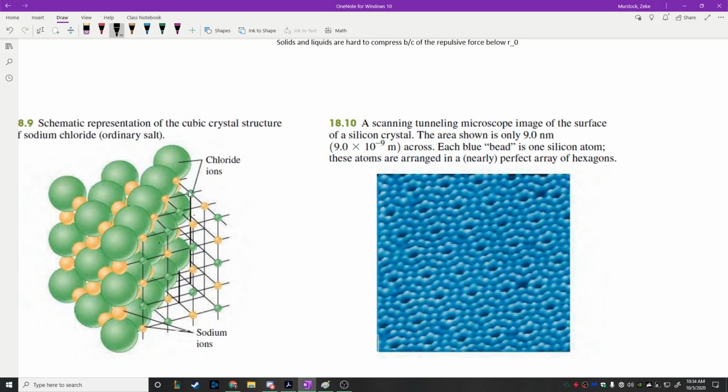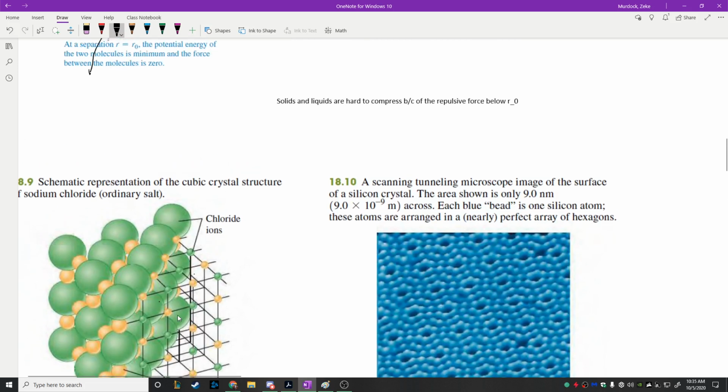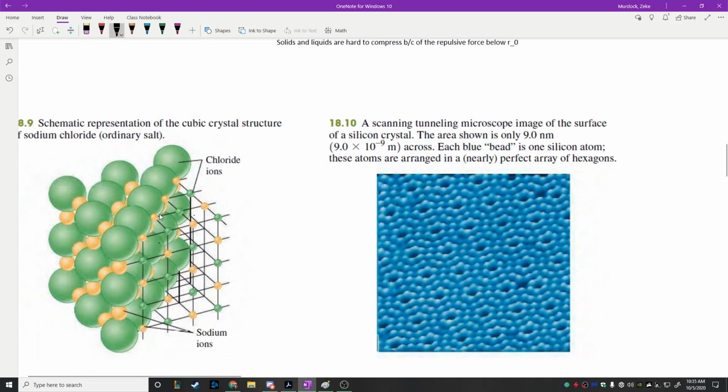On those lattice points you have sodium ions and chloride ions, and the distance between the two represents that equilibrium position. The molecules are constantly in motion. They can vibrate in this direction, that direction, up and down, and those vibrations and how quick they are are directly related to temperature.